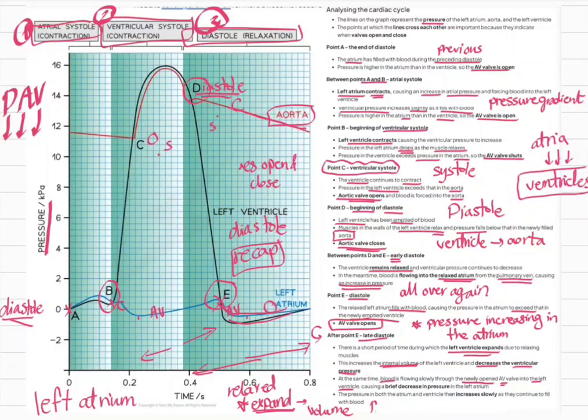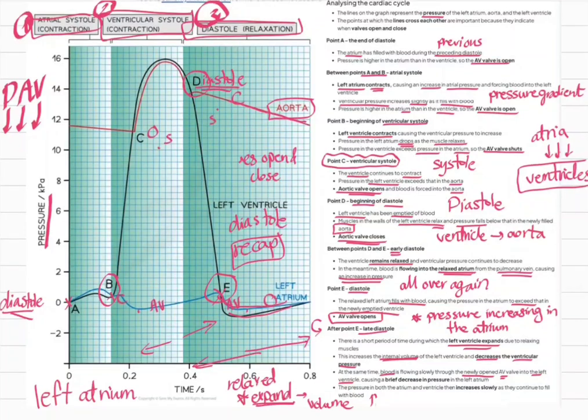Now the atria were starting to fill up and their pressure is increasing, and then the AV valve opens and blood is moving through into the ventricle all over again. Isn't that weird? It happens twice in the same exact phase.